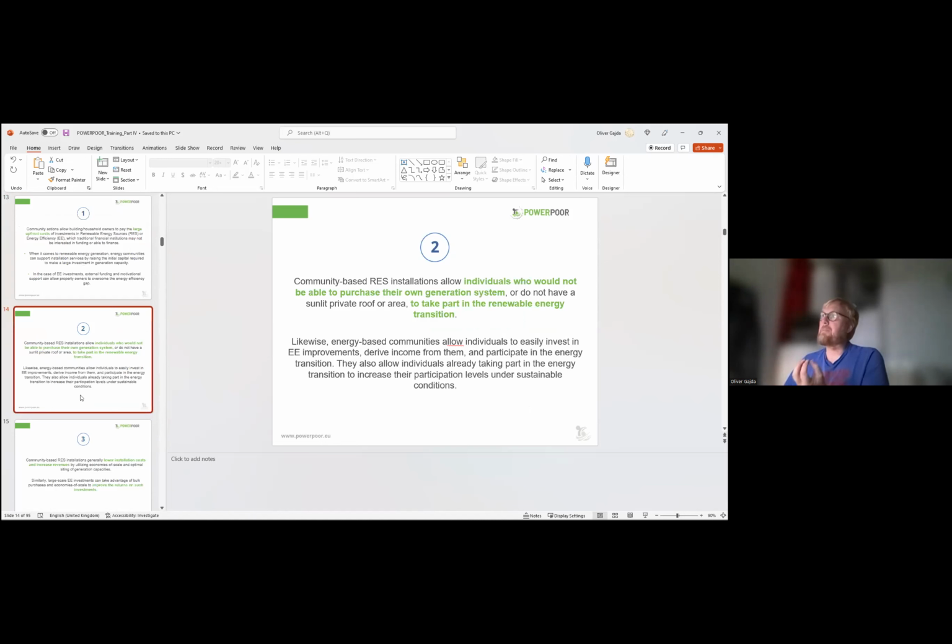We think about individuals that wouldn't be able to finance this transaction on their own, but being pooled together, maybe also with others, it becomes a possibility for them to also participate in this.